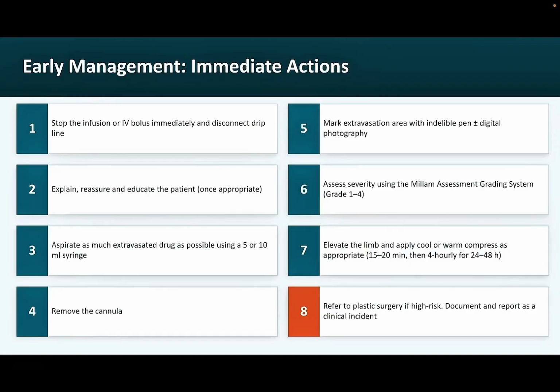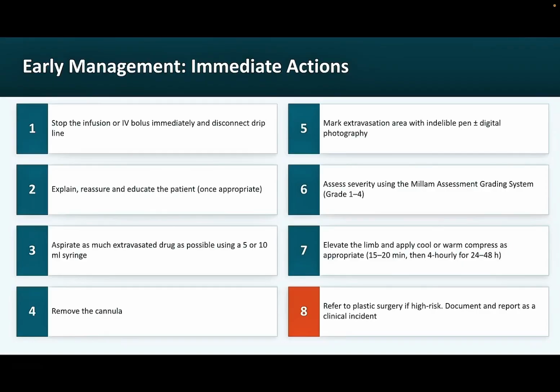And I have highlighted again here, so you can go through this slide and see which drugs should be given cold compression and which should be given warm compression. And very low-risk agents, which are the neutral agents, are sodium chloride, Hartmann solution, and glucose less than 10%. They can cause swelling or discomfort but less tissue injury.